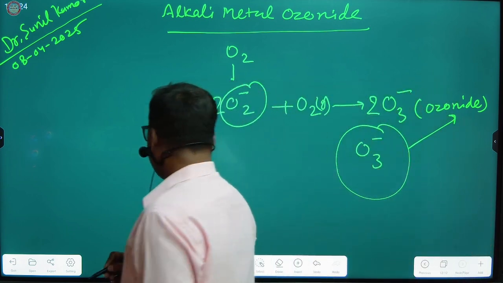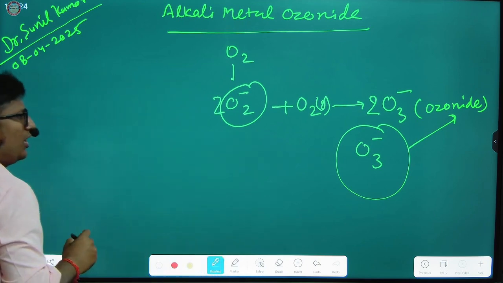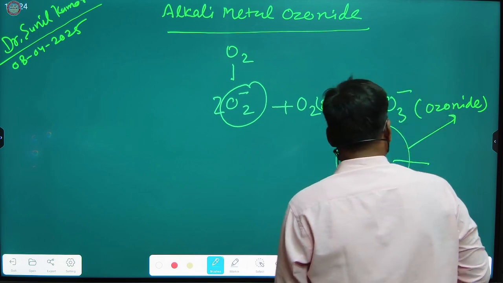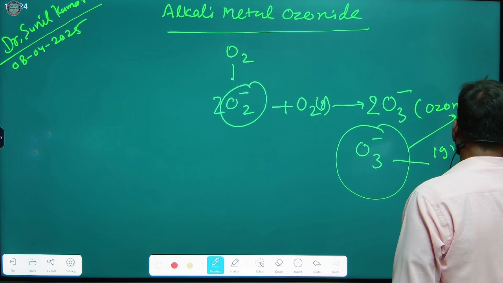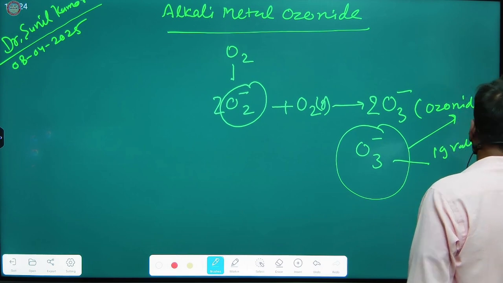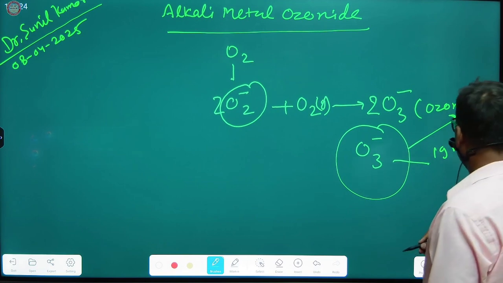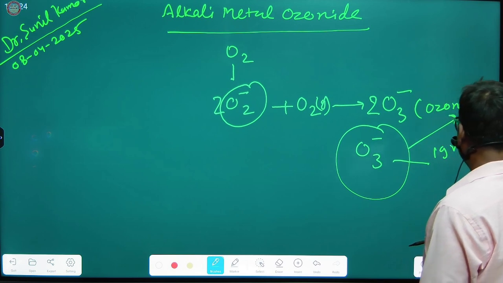So what is the chemistry of ozonide? Ozonide has 19 valence electrons, so one electron is extra and a total of 18 electrons remain in the paired state.